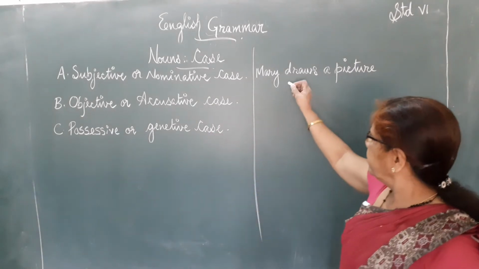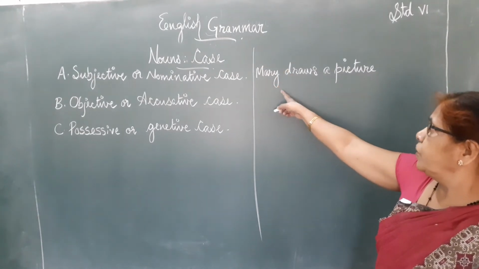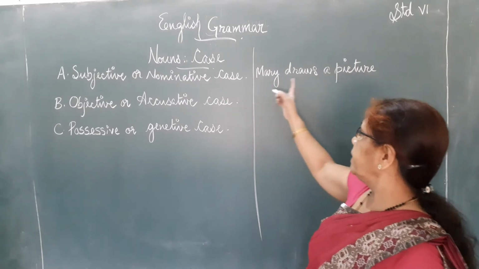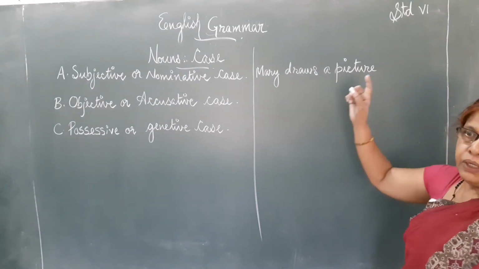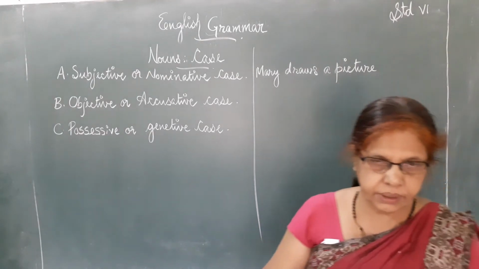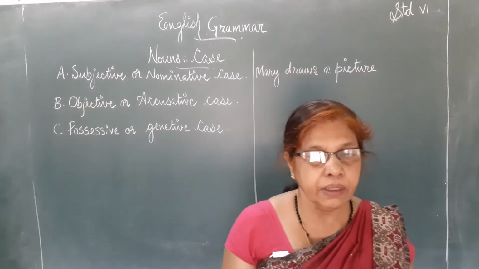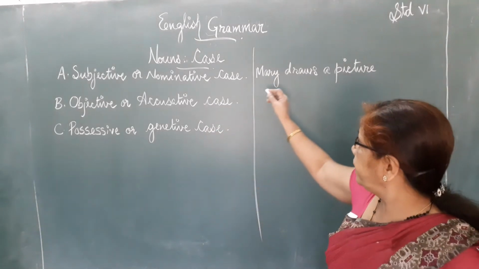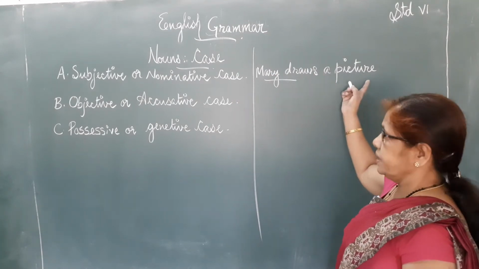In this sentence, Mary is the subject, so this is subjective or nominative case. To the sentence, we have to ask who or what. Who draws the picture? The answer is Mary. So, this is subjective case.